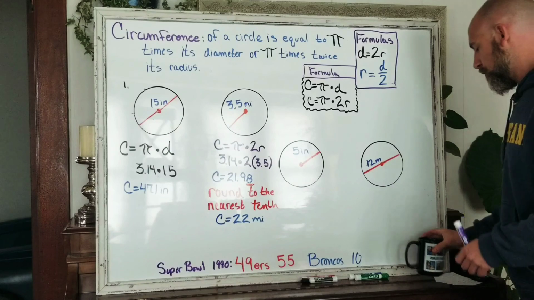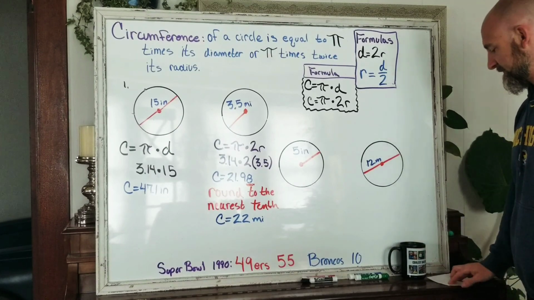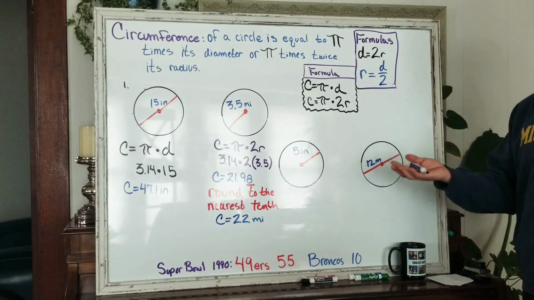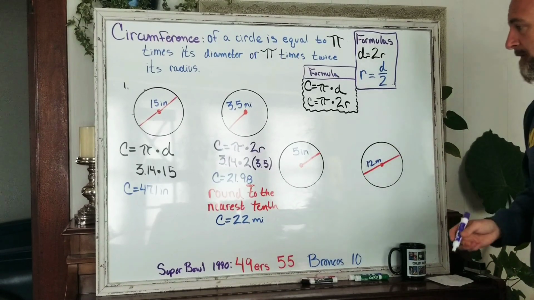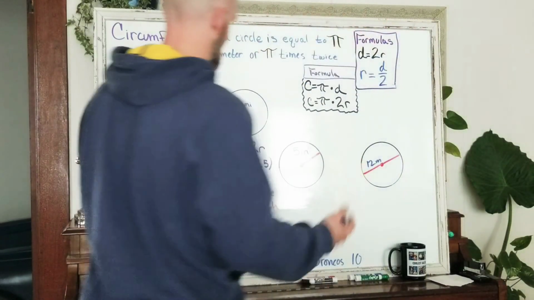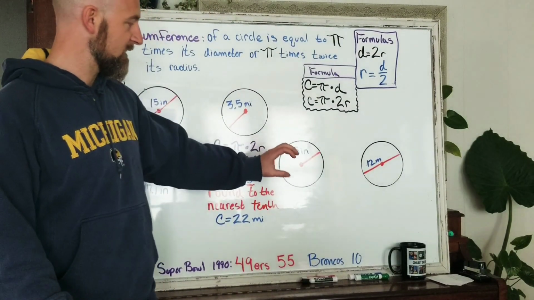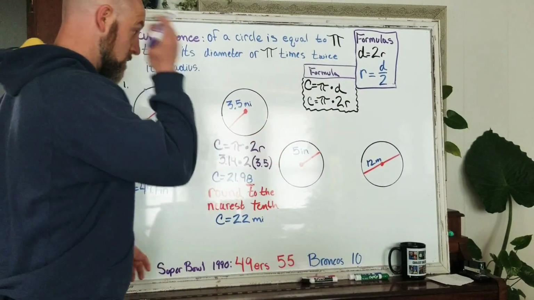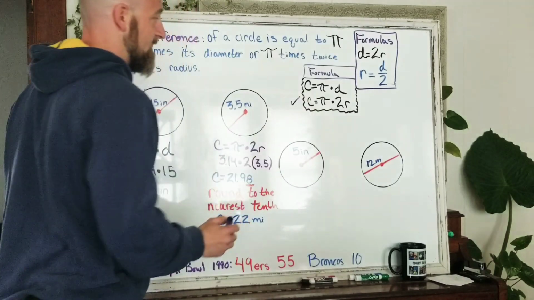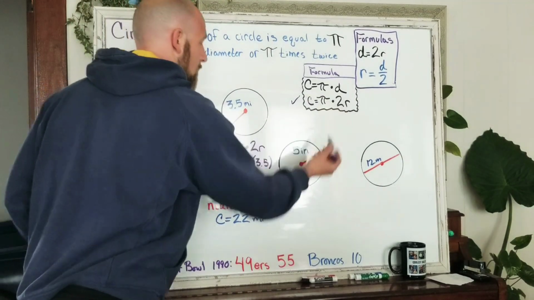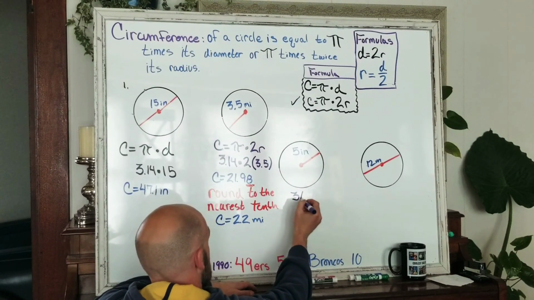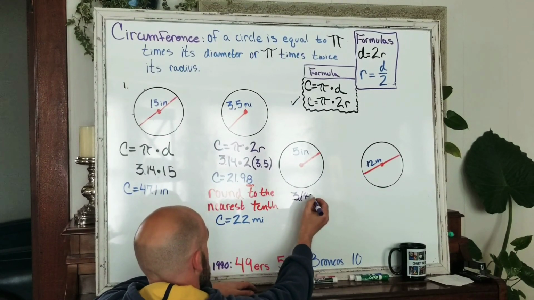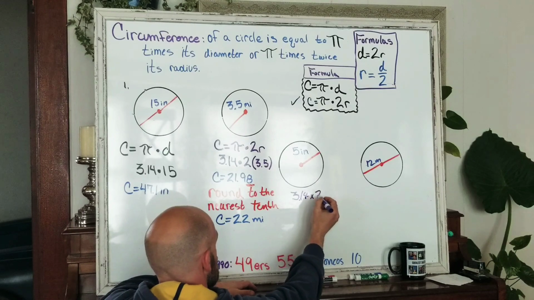All right, we'll go over this example here. If you want to, you can pause the video, try to do this on your own before I go through it. So we're going to look, what formula do we need? We see that we're given the radius. So here we go. We're going to use that formula because we have 2r. So we're going to take 3.14 times 2.